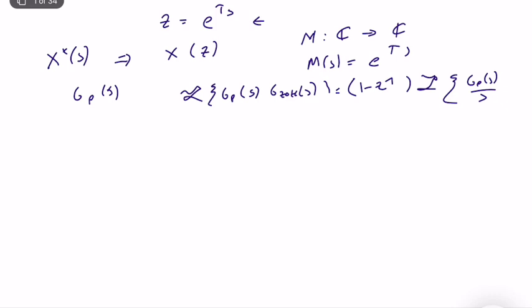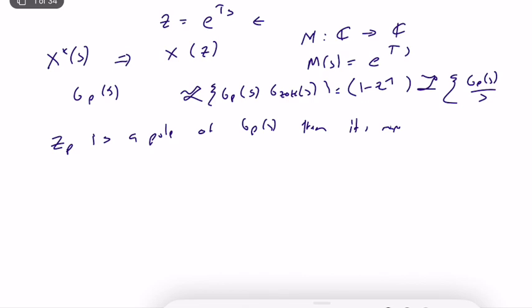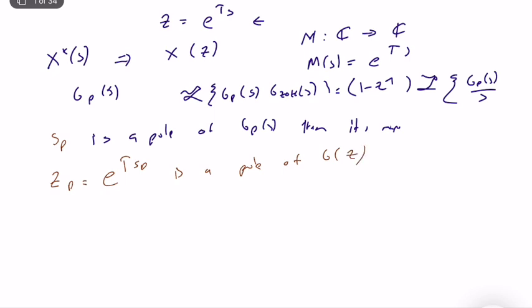It's important to note that if s_p is a pole of the plant, then we know that z_p equal to e to the power T s_p is a pole of G(z).